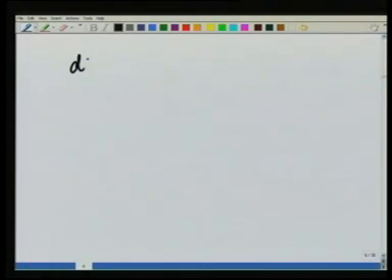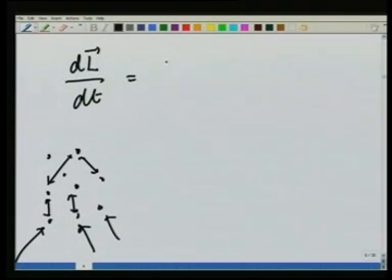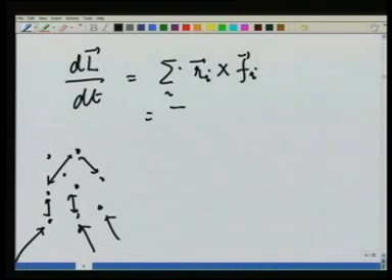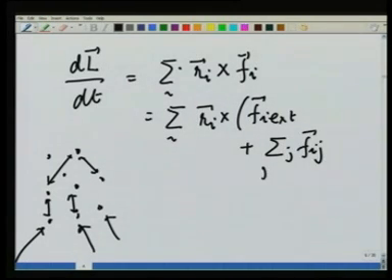So dL/dt for a many particle system, where there are many particles which may be interacting with each other, and there are external forces applied on each one of them, is equal to summation over i of r_i cross F_i, which explicitly I will write as summation over i of r_i cross F_i external plus summation over j, that is all the other particles applying a force on the ith particle, j not equal to i.